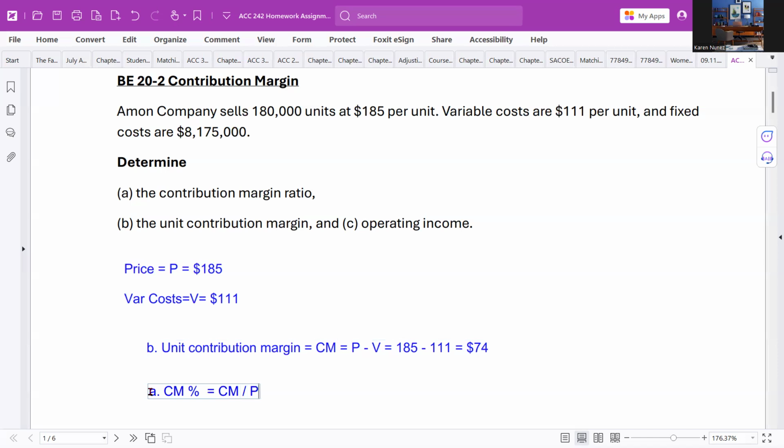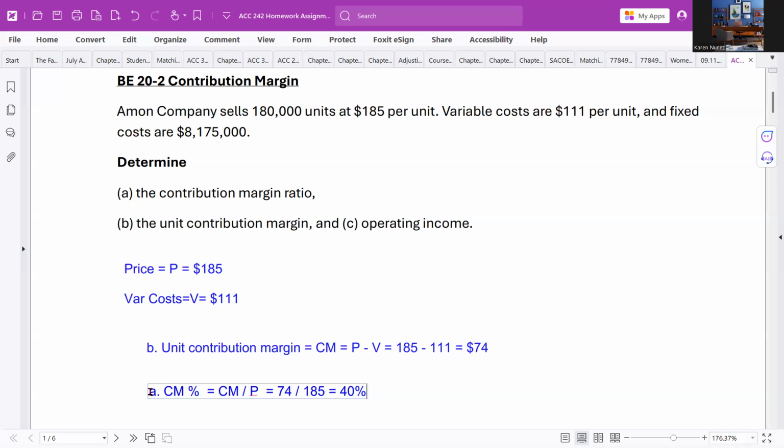So we want that CM expressed as a percent of the price. It's just the CM divided by the price. So the CM in this case is that $74, and we want to divide that by the price, the 185. That's going to give us the contribution margin ratio, which is 40%. So 40% of every sales dollar is contribution margin.